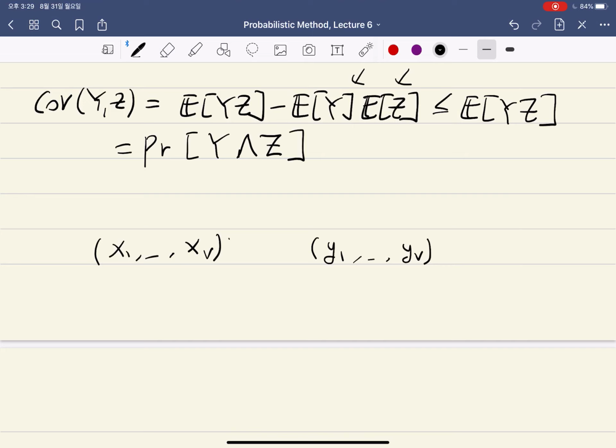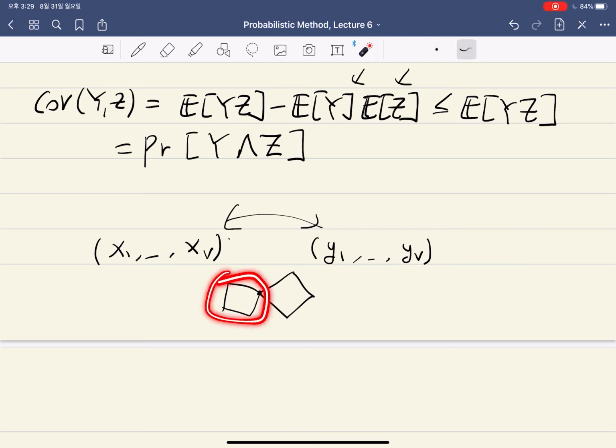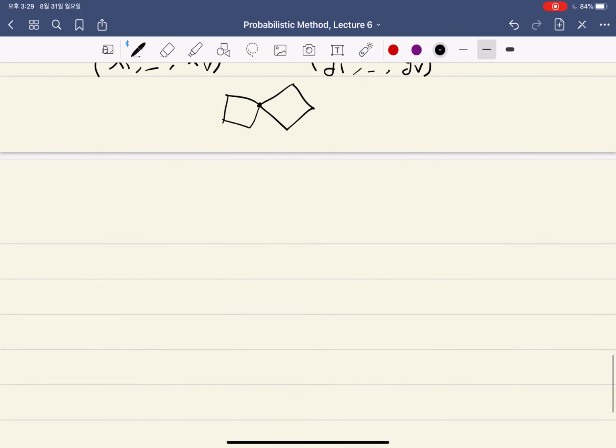If they are completely disjoint, then they are obviously independent, so we don't have to consider the covariance. The covariance is 0. And even if they share one vertex, because the event is about edges, what happens here and what happens here are independent. But when they share at least two vertices, then the events could be dependent.